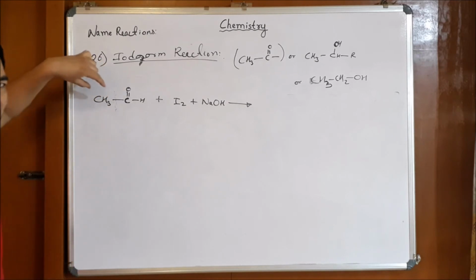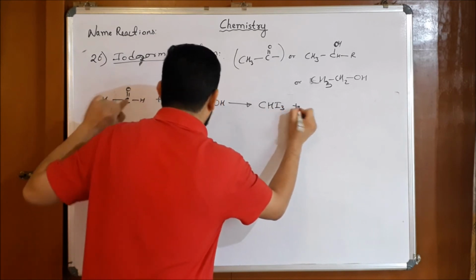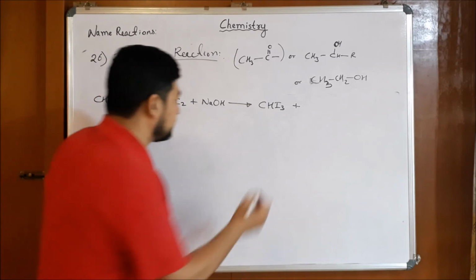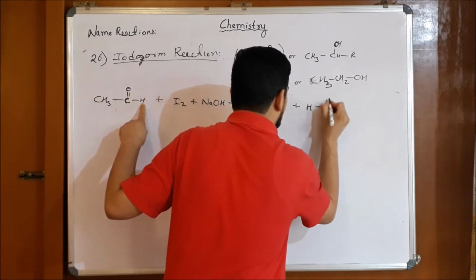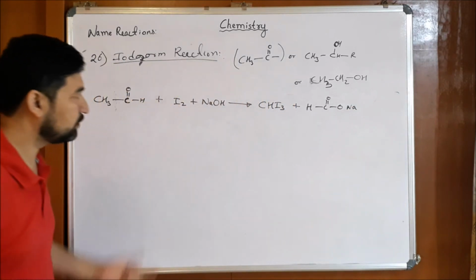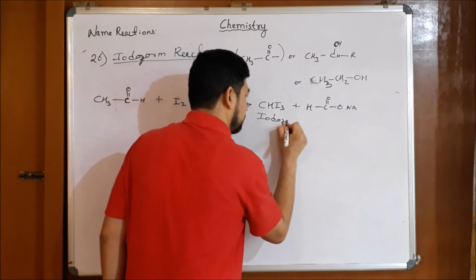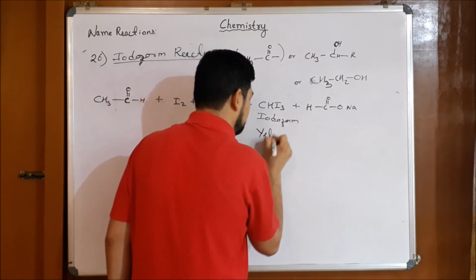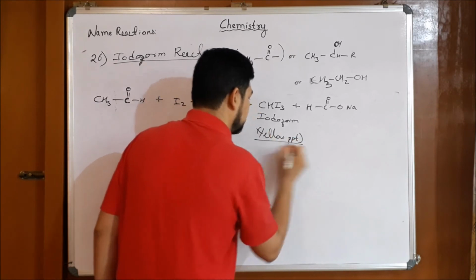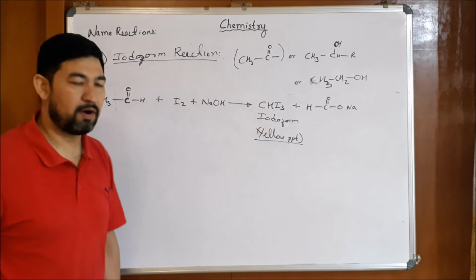Iodoform is CHI3, and the side product will be HCOONa. Iodoform is a yellow color crystal. Once the yellow color comes, we can say that iodoform has been formed.